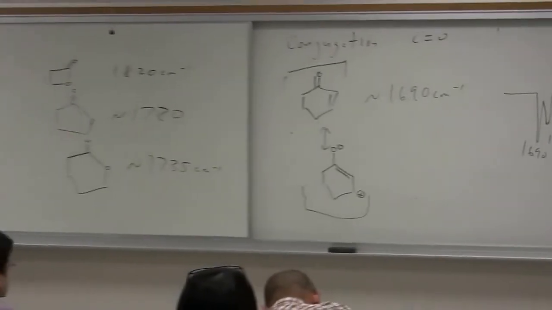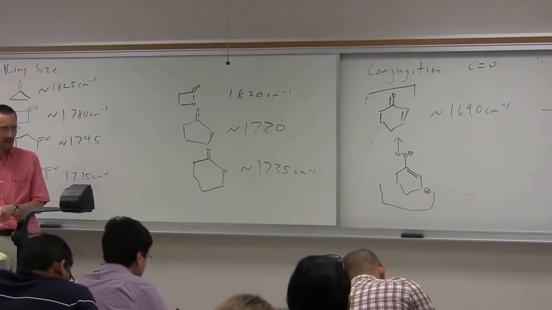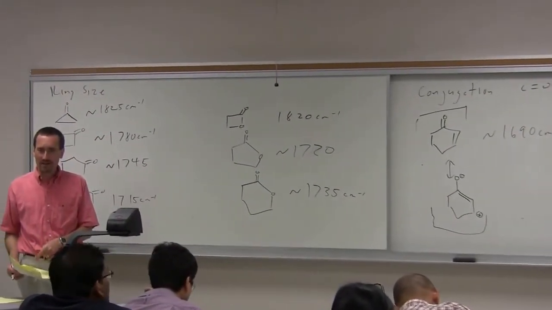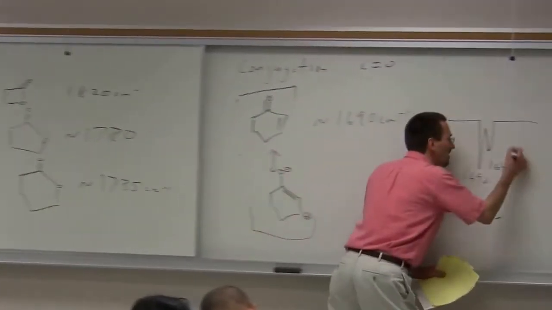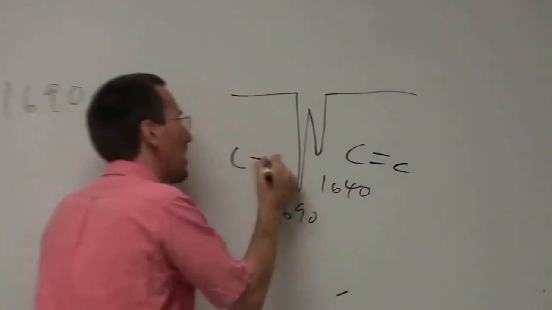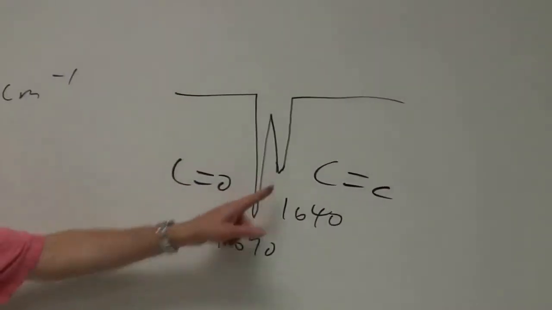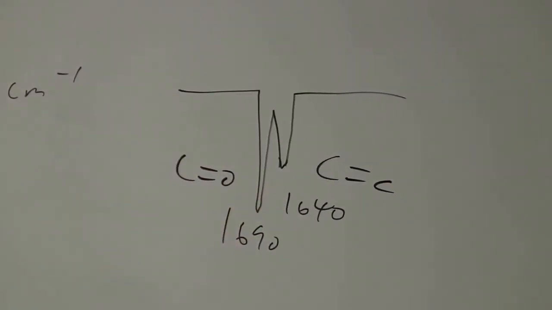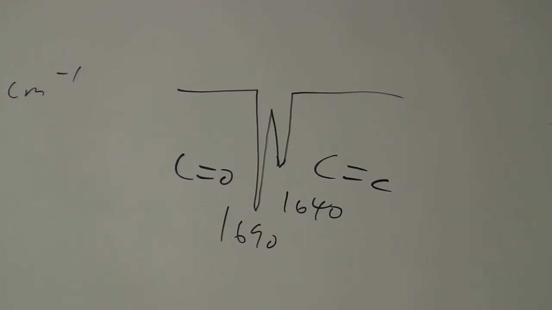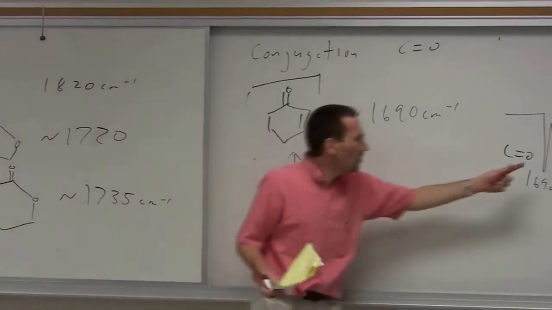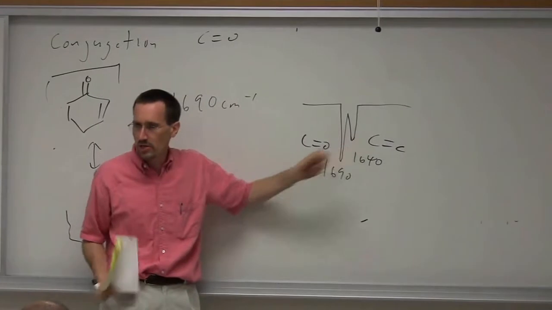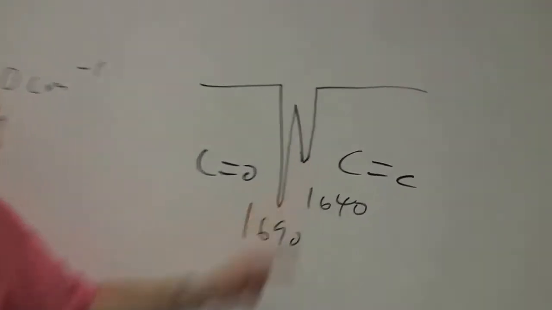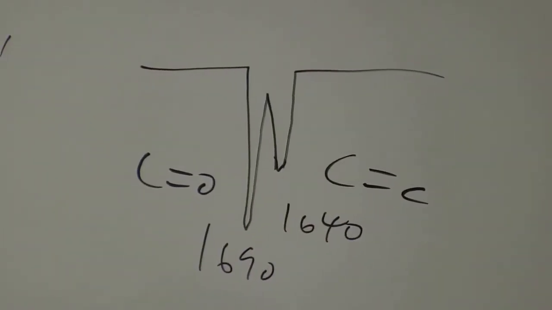Not exactly, but kind of, sort of. What other stretch do we have? The alkene stretch. So you have your CC stretch and your CO stretch, and in fact, because your alkene is really polarized, the polarization leads to stronger stretches. Because it's really polarized, you have a bigger dipole moment, or more specifically, a bigger change in dipole moment as you vibrate it. It'll be kind of strong.